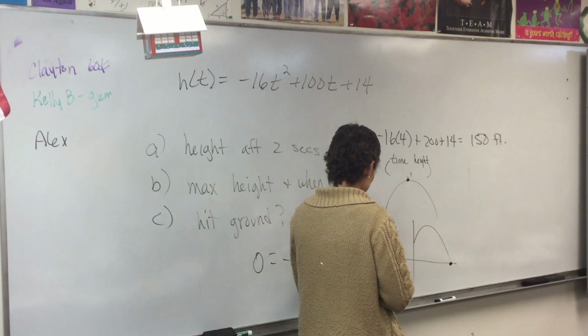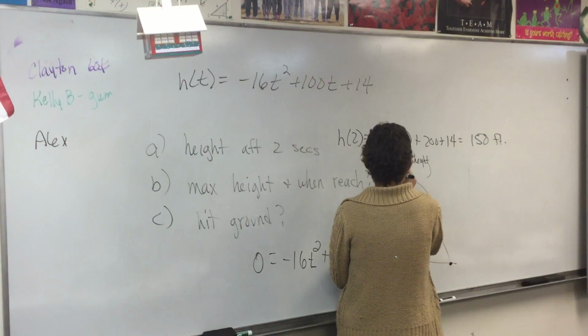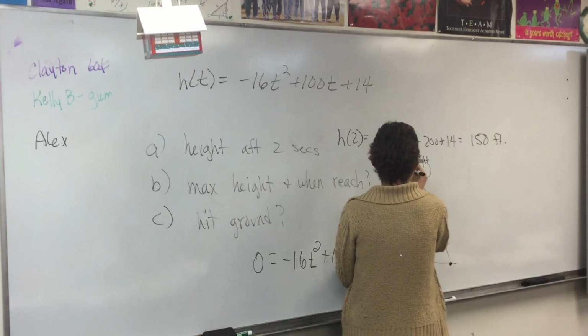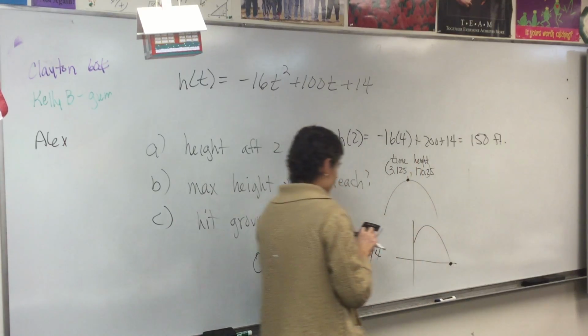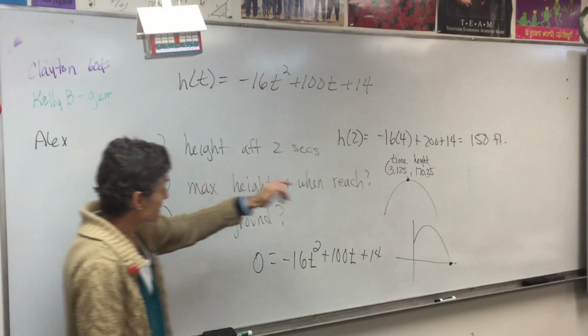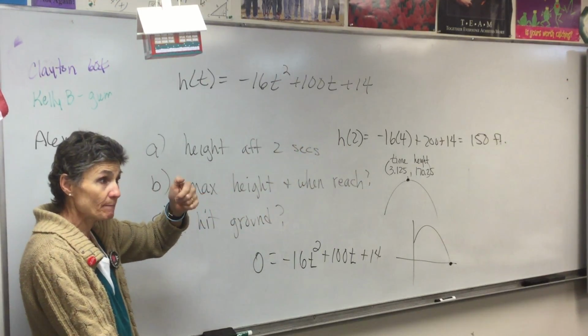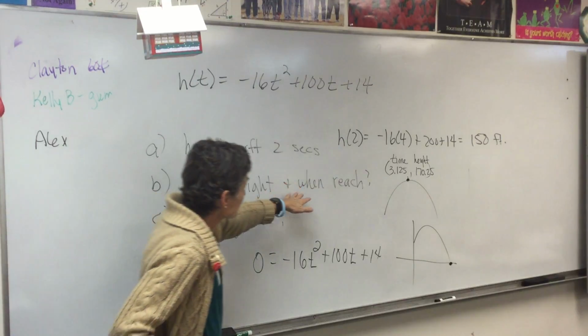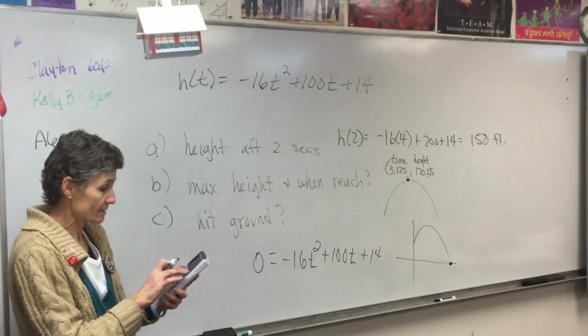The maximum is 3.125 and 170.25. So when it says find the maximum height, the answer would be 170.25 feet. And when it says when does it reach the maximum height, you would say after 3.125 seconds.